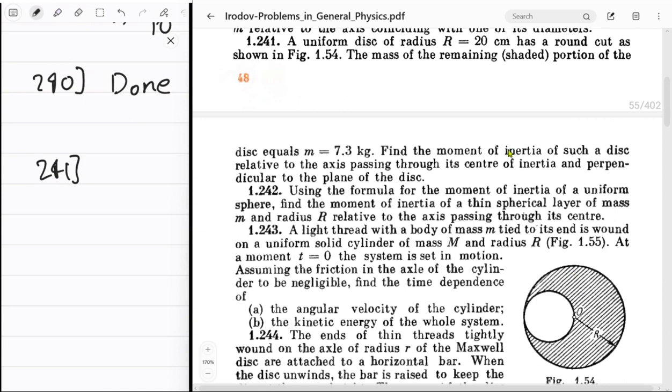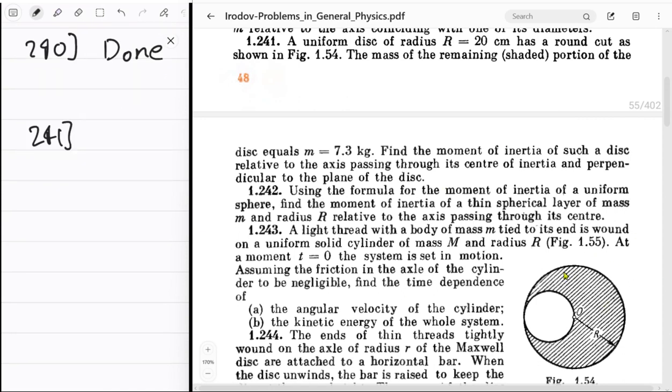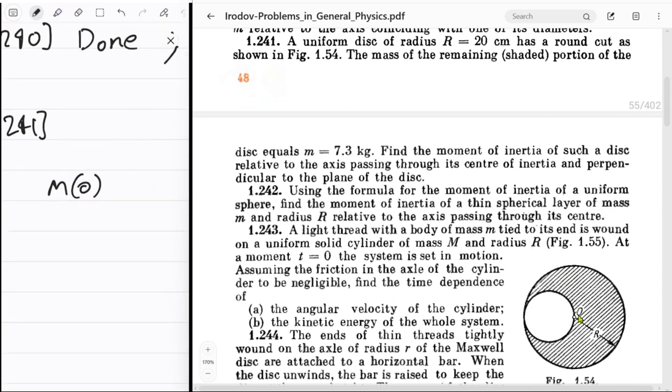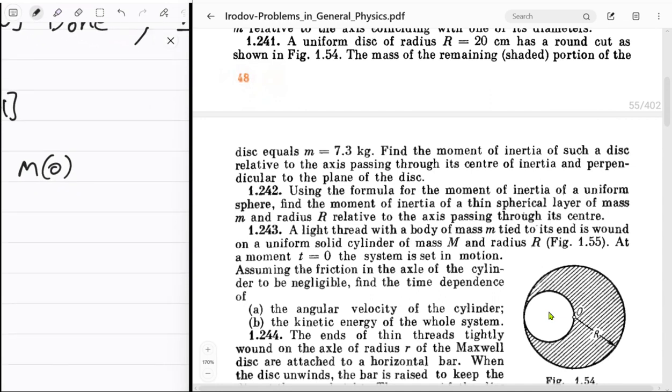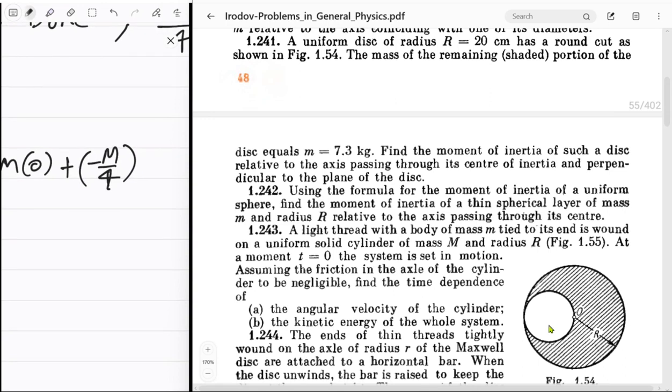We just say this big disk had mass m, and its center of mass has x coordinate 0. Then the negative disk that we have has mass negative m upon 4, because half the radius, so 1 upon 4. What am I writing? And its center of mass is at negative r upon 2.